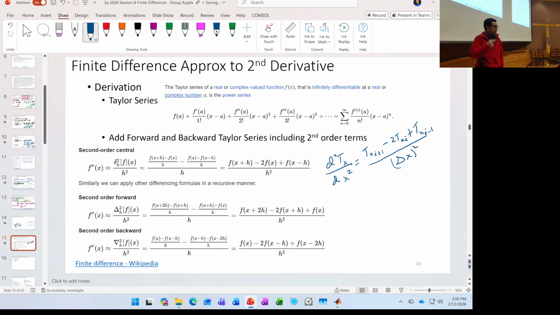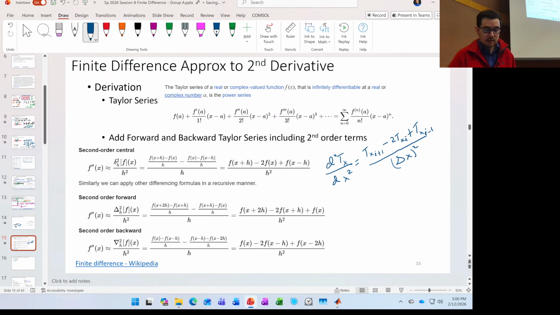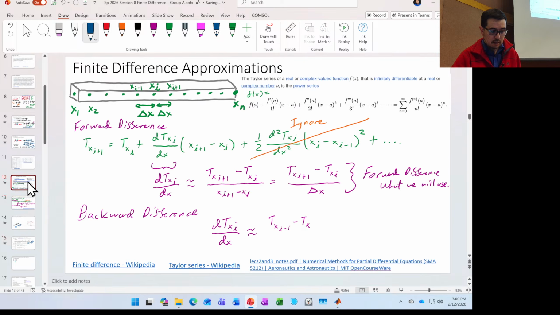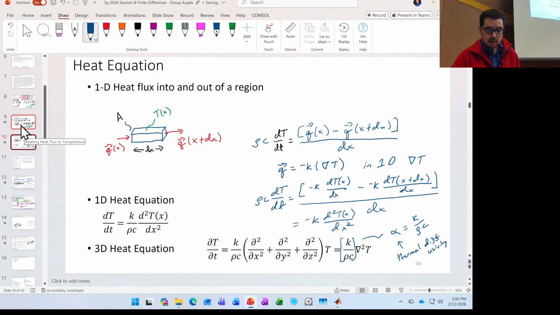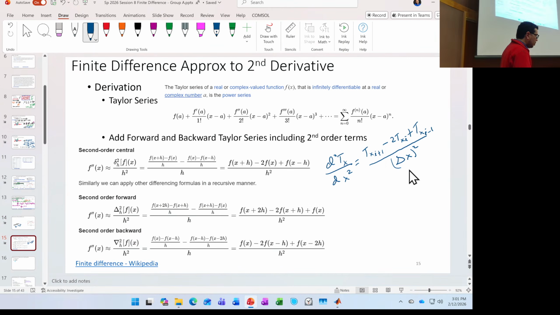Why would we want a second derivative? Well, if we go back to the heat equation, what do we see? We see we have a second derivative with respect to x. So by using finite difference a couple of times, we can come up with an approximation.